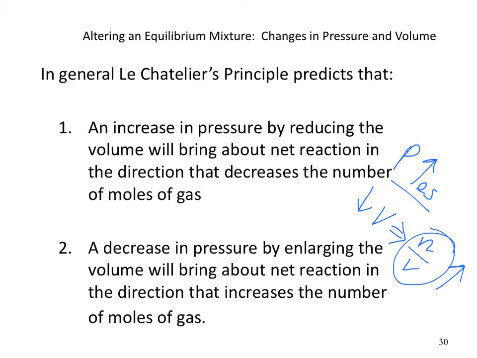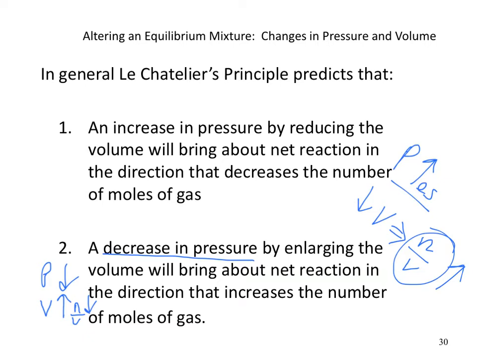So realize that if pressure decreases, the volume has to increase, and what that means is that the density, or the number of moles per unit volume, is going to reduce. So depending on how you are changing the molecular density, whether you're increasing or decreasing the volume, the equilibrium is going to move in a direction to undo that effect.